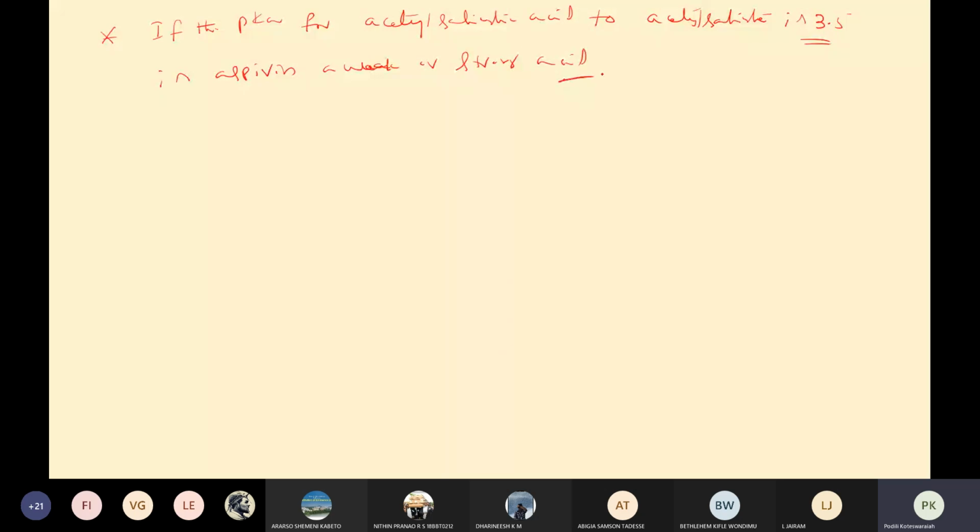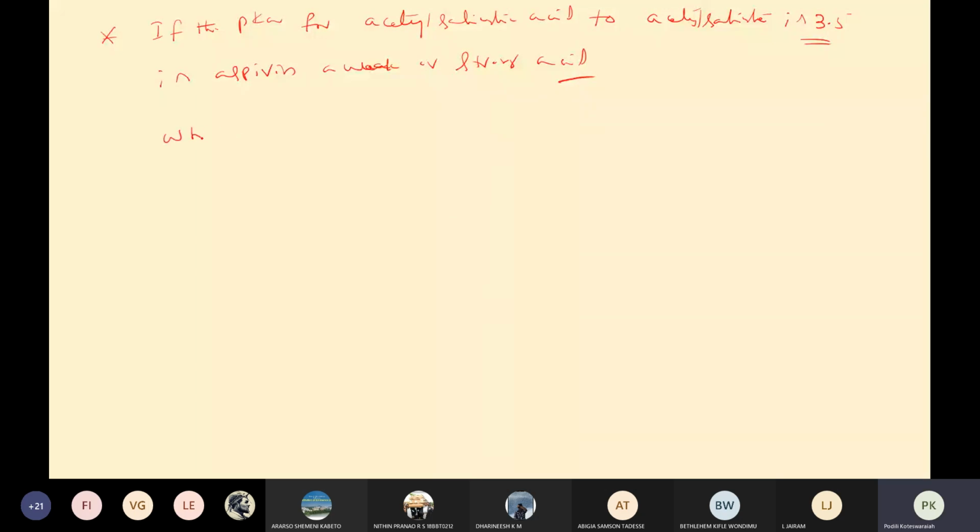If the pKa for acetyl salicylic acid to acetyl salicylate is 3.5, is aspirin a weak or a strong acid?